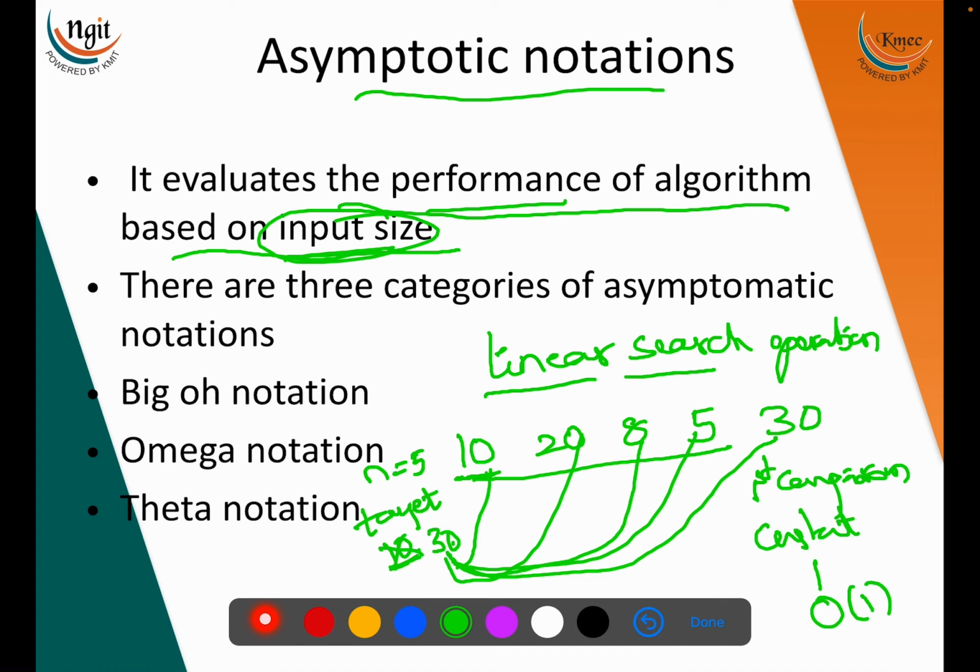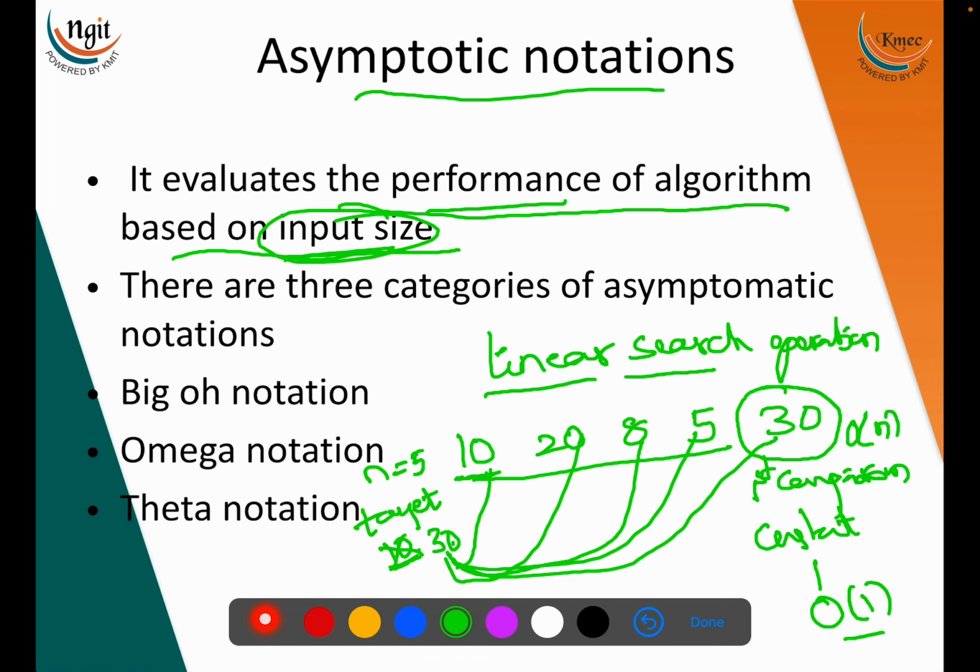So the best case, which takes the lowest time, is constant time, big O of 1. The worst case is finding the target element at the last index, that is big O of n.